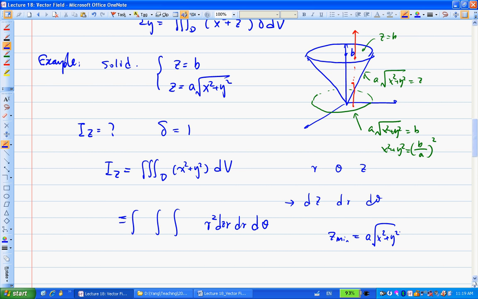But I'm using cylindrical coordinates, so I cannot substitute this into the lower limit. You change x and y into cylindrical coordinates, and that gives you a r. So the bottom is a r, and the top is b.